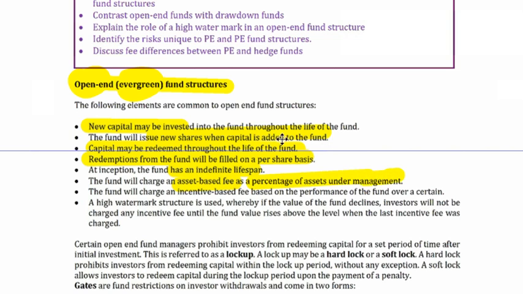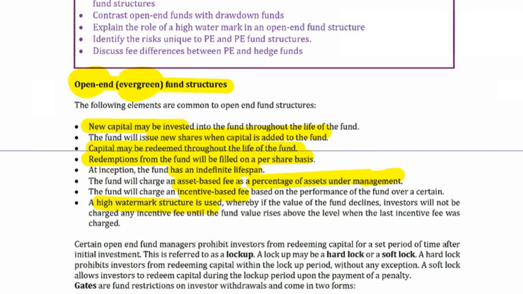In addition, there is an incentive-based fee as well if the fund performs over and above a certain benchmark over the time period. A high watermark structure is used, and now we start to see the term high watermark.